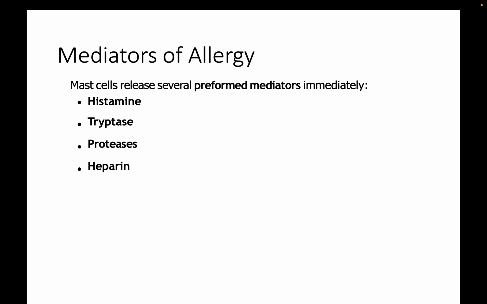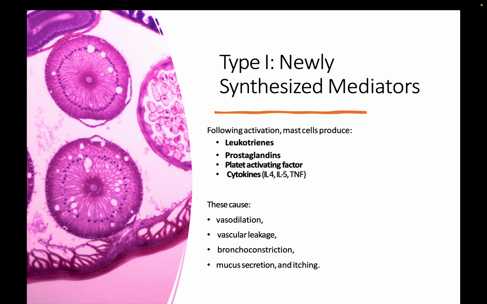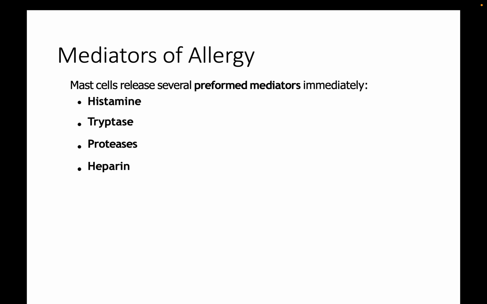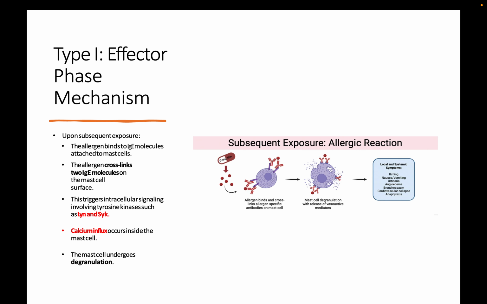When it comes to the mediators, these can be different types. These could be histamines, tryptases, leukotrienes, all the different kinds. But usually they come in phases. Usually you have what we call the immediate preformed mediators. When you see a mast cell, you're going to see that it's very granular.